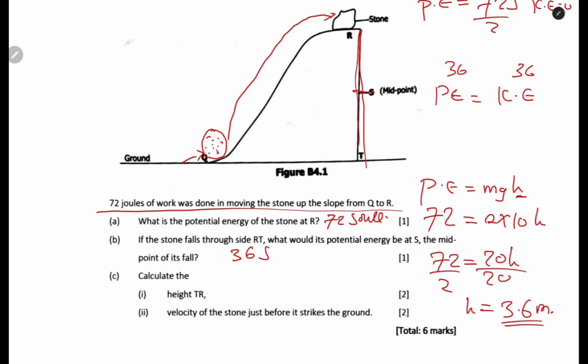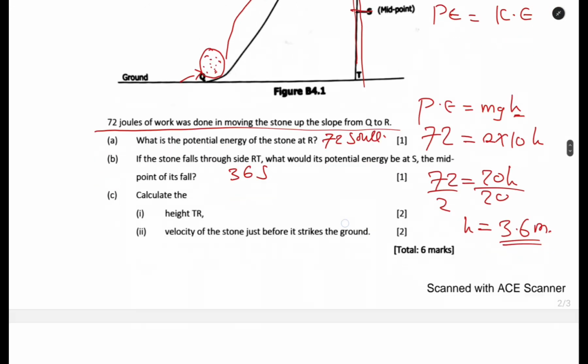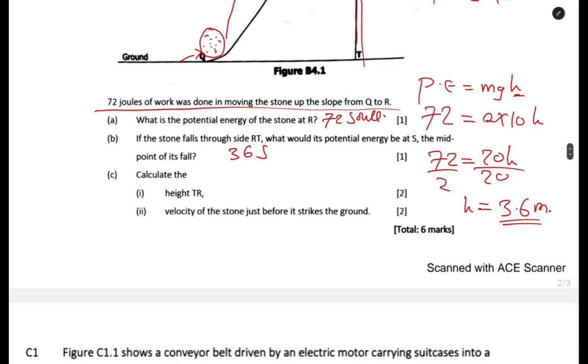That is the answer to this question. Okay, then the velocity of the stone just before it strikes the ground. You see what I said? Sometimes you might be told just before it strikes the ground, what is its velocity. So before it strikes the ground, all the energy has been converted to kinetic energy.